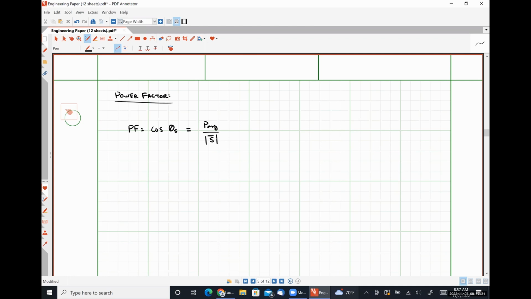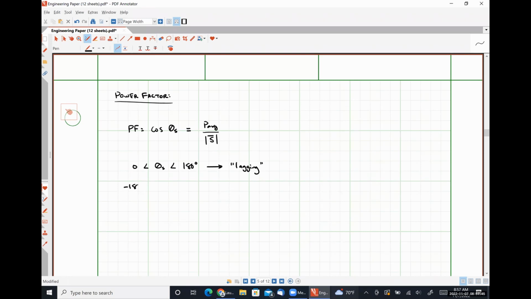So if 0 is less than theta s is less than 180 degrees, we say that our power factor is lagging.